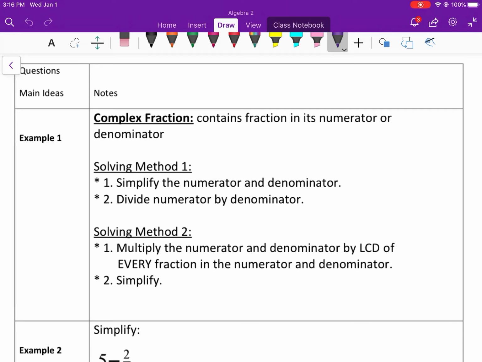The second method is multiplying the numerator and denominator by the LCD, or the lowest common denominator of every fraction, and then simplify. And method two is the method that I tend to use more often. I think it just is easier because sometimes simplifying requires you to add and subtract the fraction, so you need a lowest common denominator anyway.